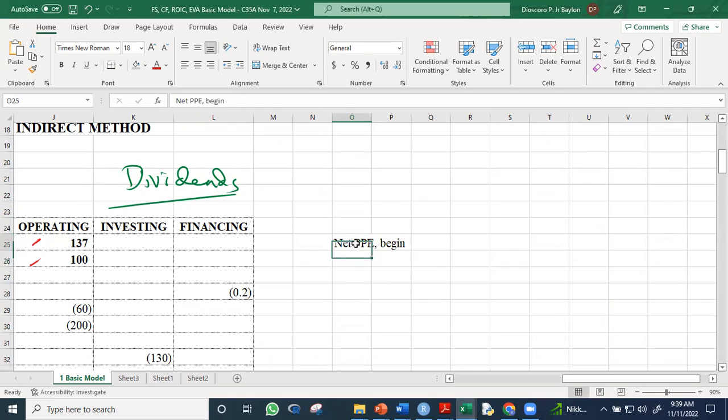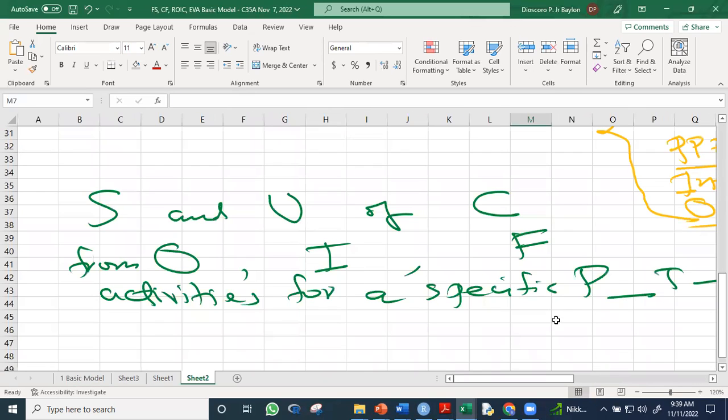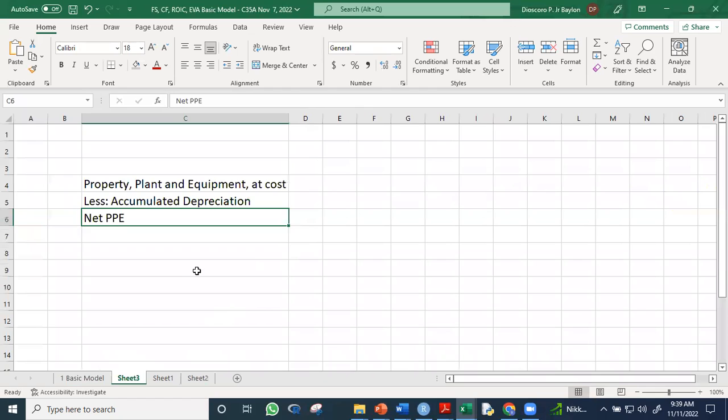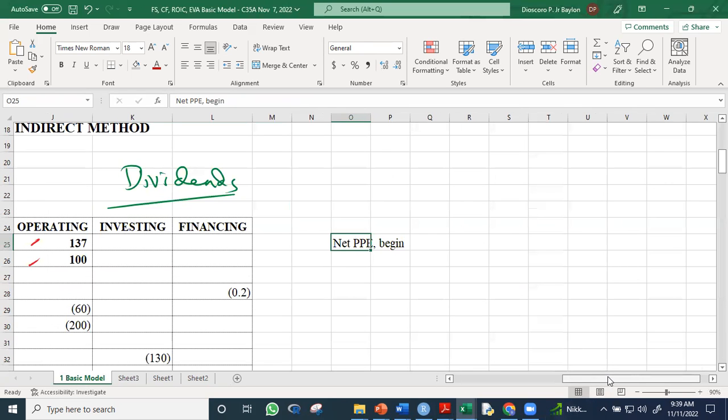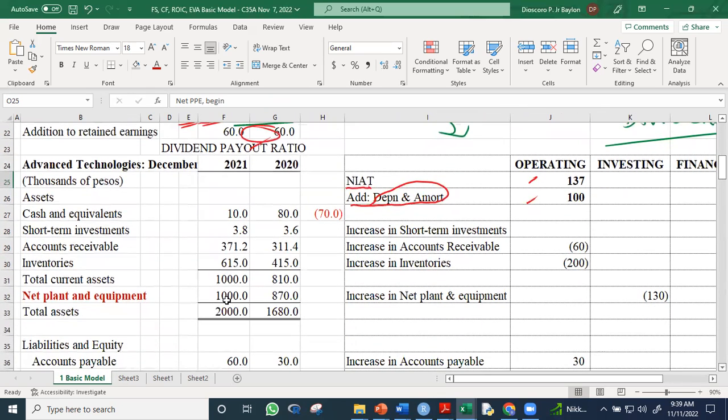Okay, so your net, if you're given the property, plant, and equipment at cost and not the net, then no problem. Whatever the difference is in your balance sheet accounts will be the actual investment.